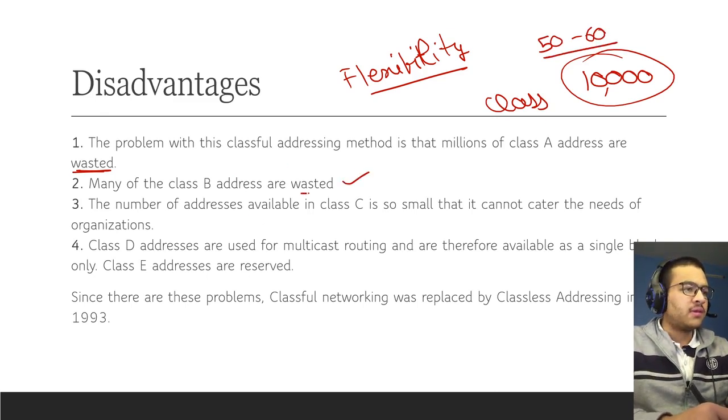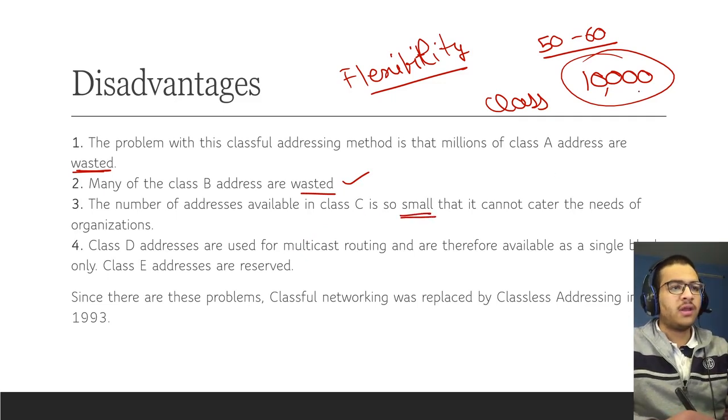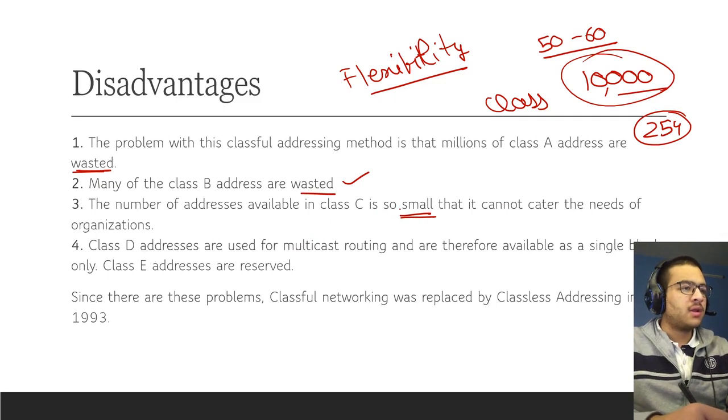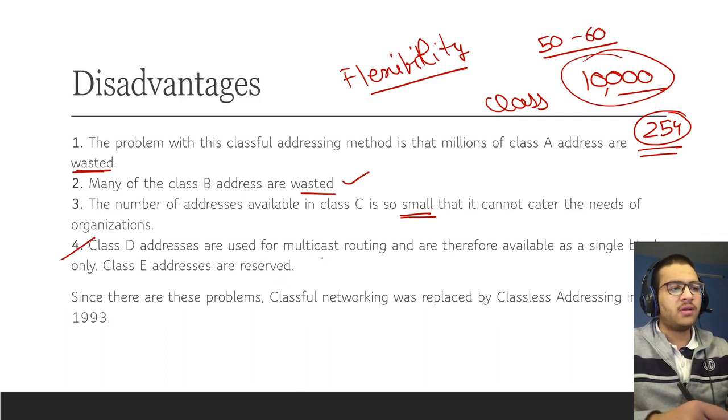Class C is so small, with only 254 possible addresses, that we cannot provide it. And class D and E are reserved for multicast routing, military and experimental purposes, so these addresses are wasted.